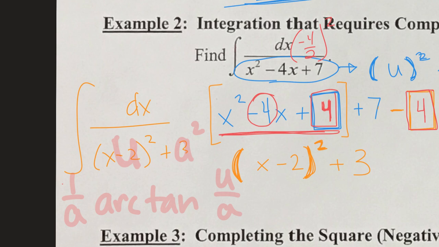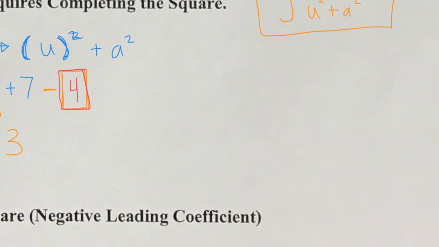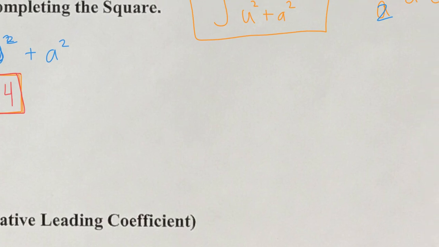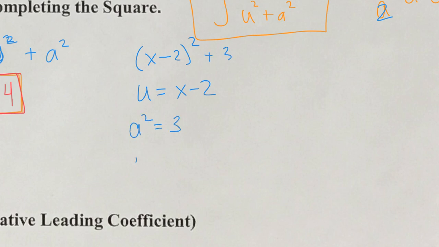So let's come over here and figure out exactly what we have to write. So if we had x minus 2 squared, that means u is x minus 2. Right? It was plus 3, so that means a squared equals 3. So a is root 3.